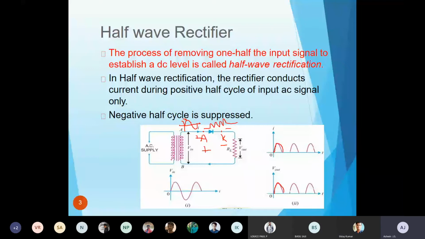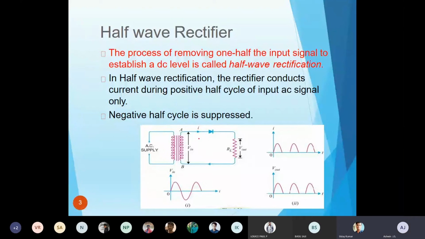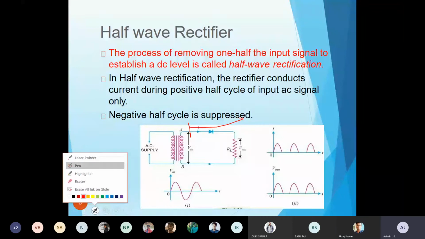If the cycle turns negative, what is happening here? It will be -1, -2, -3, likewise. So during the negative half cycle, what will happen?